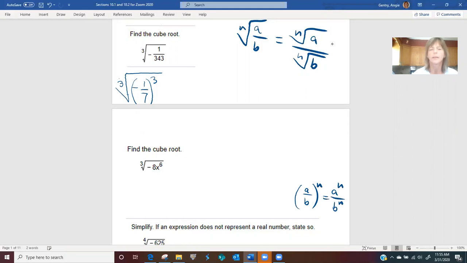You can check this. -1 cubed is -1 times -1 times -1, which is -1. And 7 cubed is 7 times 7 times 7, which is 343. So if you do it this way, then that whole piece is taken to the third power and gives you back your original. Then you have an index that matches your exponent, and this piece inside the parentheses simply comes out, and this is the way it was simplified, okay?